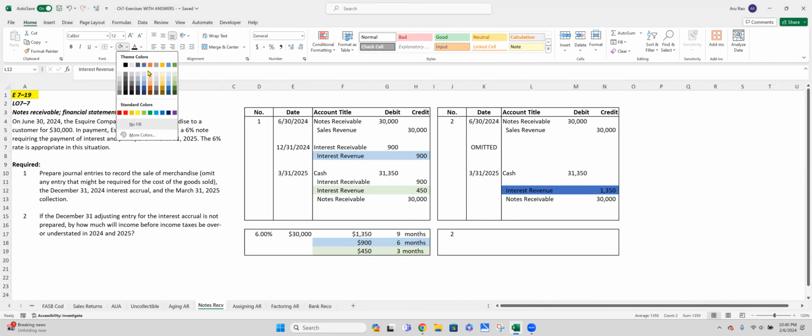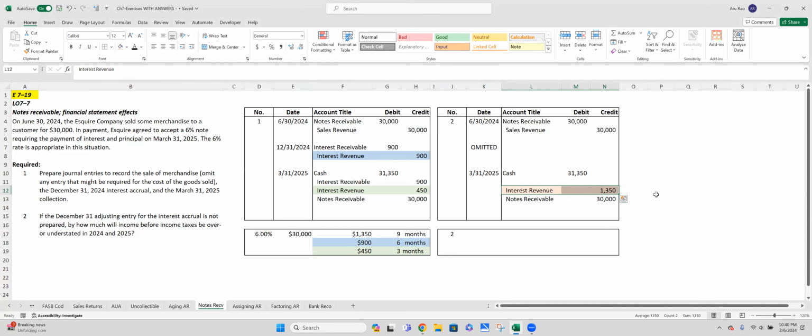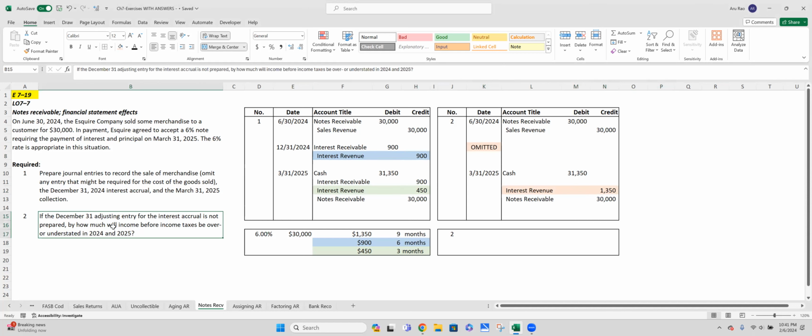So the problem we have now is over here. I had done revenue recognition of 900 and 450 in 2024 and 2025. Here, because I made this mistake, I recognized all of it in 2025. So the question they're asking us is, what happens to the income in 2024 and 2025?